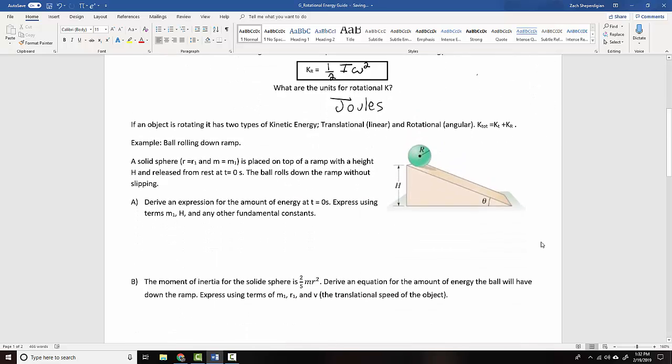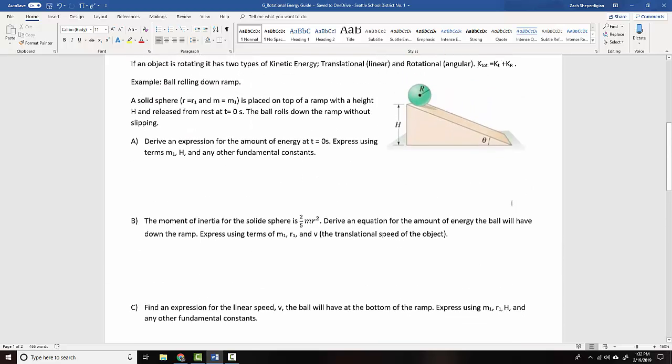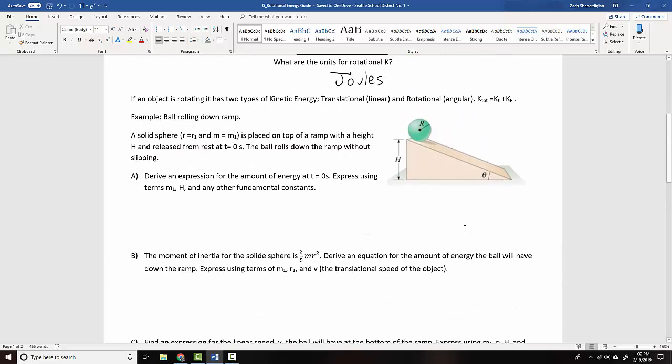So moving down below, we did A through D in class, but I will redo this if you need a refresher. So starting at point A, well, actually, let's read the whole problem. It says, a solid sphere has some radius and some mass, R1 and M1, is placed on top of a ramp with a height h and is released at time equals 0. The ball rolls down the ramp without slipping.